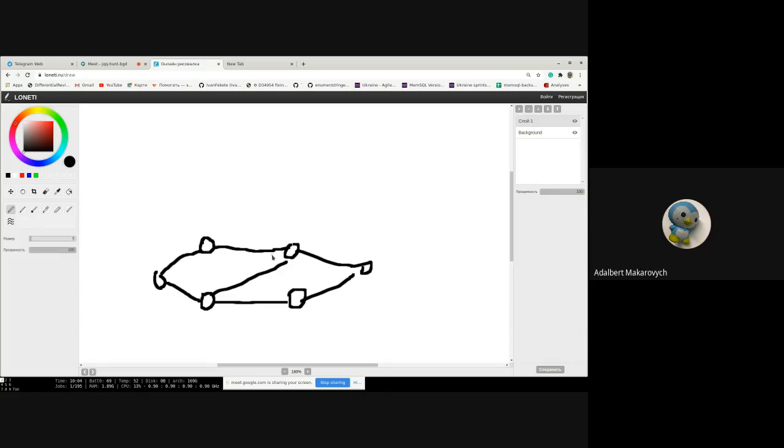Firstly, let's suppose that we have at least one negative cycle. It means we have a direct edge here, then another direct edge here, then some reverse edge here and a direct edge here, with costs C1, C2, C3, and minus C4.